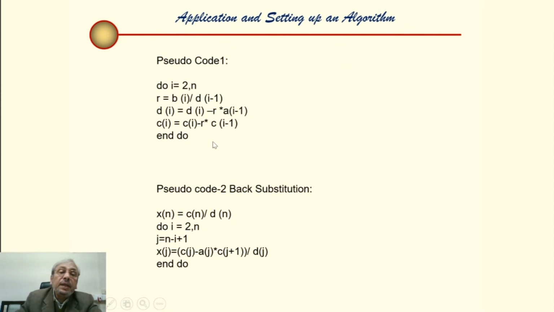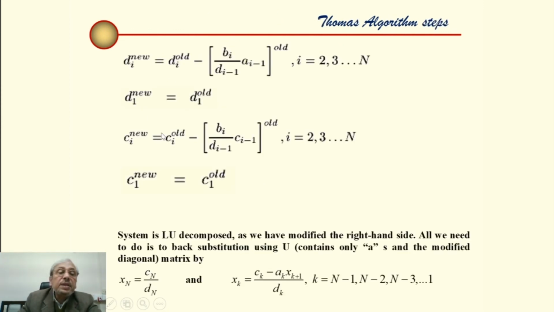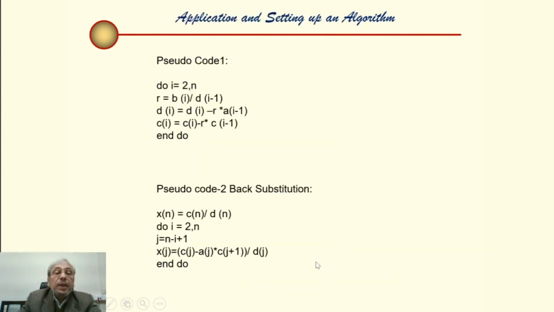Basically, I am giving you a pseudo code for summarizing these steps: how to find the updated D1 and then D2 to Dn, updated C1, then C2 to Cn, and then back substitution xn, xn minus 1, xn minus 2 up to x1. This is a pseudo code within a do loop. Do i equal to 2 to n.